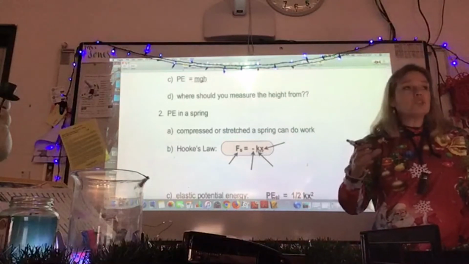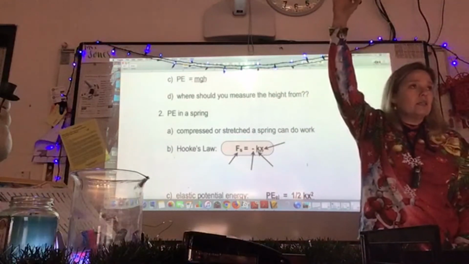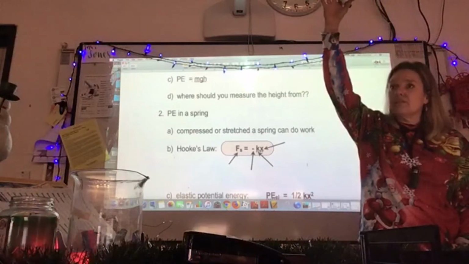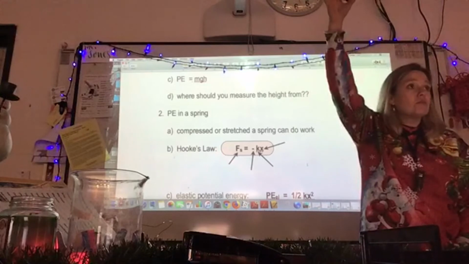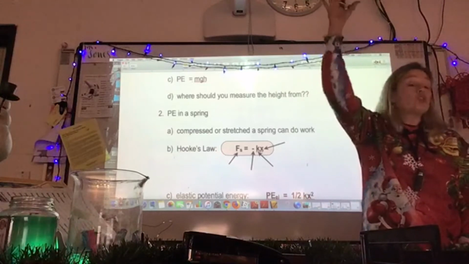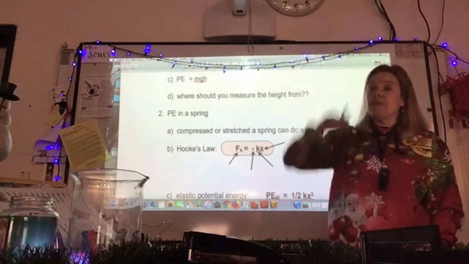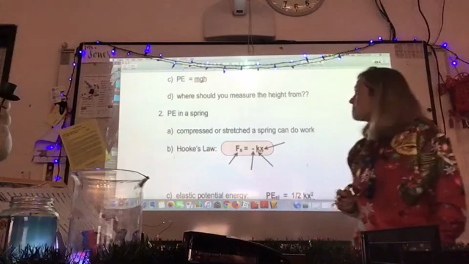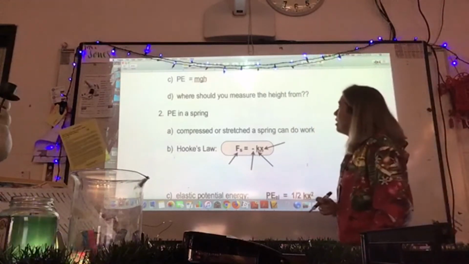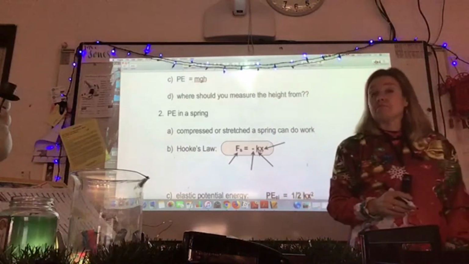If you put a ball up high, how much energy does it have? The amount you just gave it by putting it up there. Does that make sense? I took my energy and lifted something up, and that's now stored energy. Where should you measure the height from? The Earth's radius.